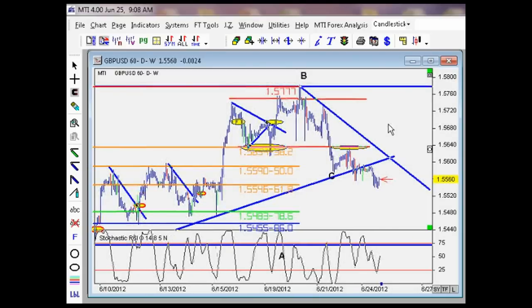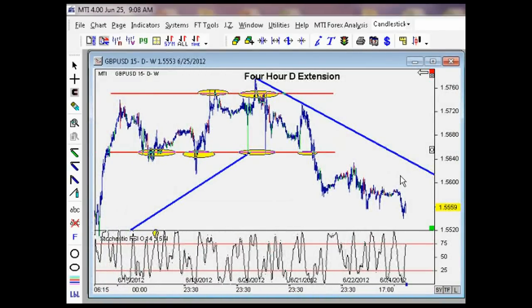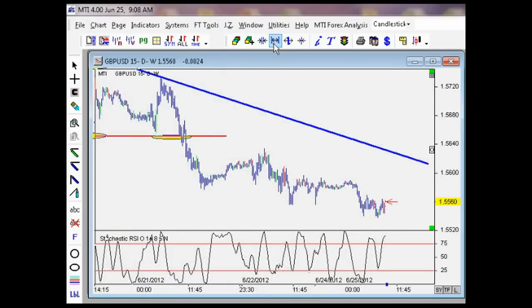Now, what's going to be really neat is I'm going to show you the 15-minute time frame. The 15-minute time frame shows consolidation breakout towards the south. This was the 4-hour D extension. This bearish breakout was expected. But look at this beautiful bearish trend. Look how the market is making lower lows, lower highs, lower lows, lower highs. For those of you who can't view this spatially, I'll go ahead and show you.